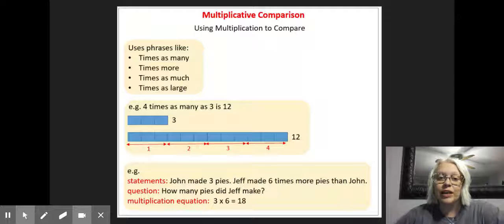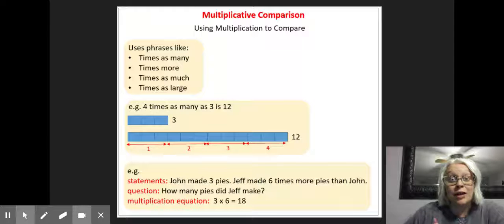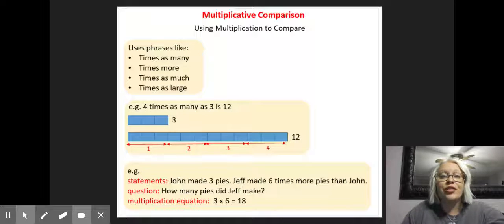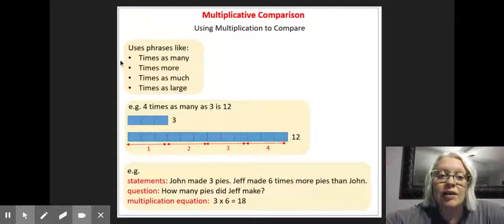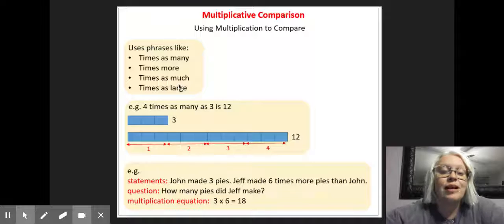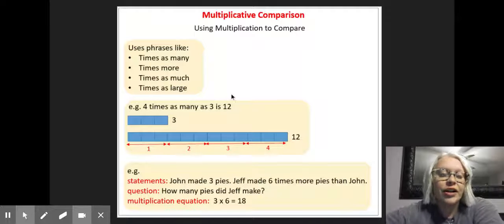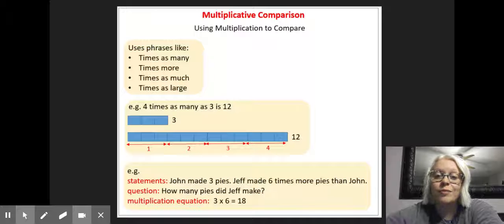So for example, like I just said about my hat being 3 times as much as this one, or she had 3 times as many tickets as her sister. Times more, times as much, times as large. Those are other phrases that, if you see them in word problems, are a good clue that you're going to be using multiplication to compare.